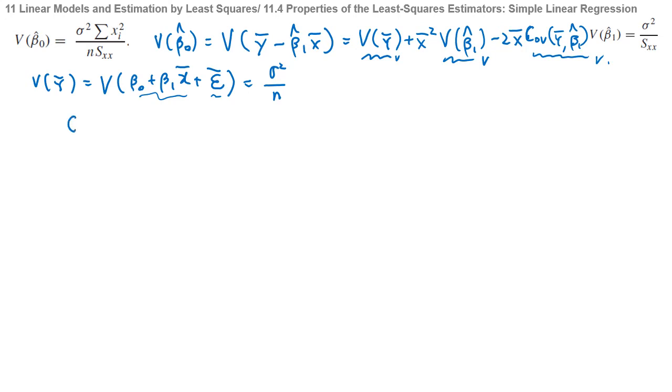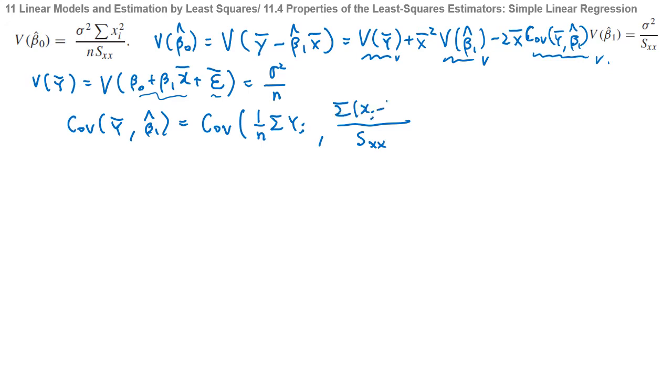This is the covariance of y bar and beta 1 hat. This is the covariance of 1 over n sum of yi and 1 over Sxx sum of (xi minus x bar) yi.